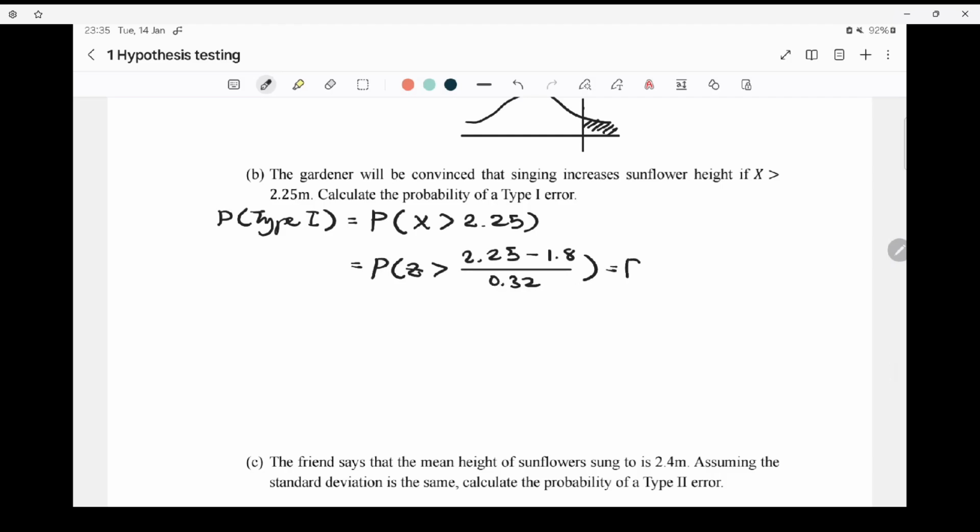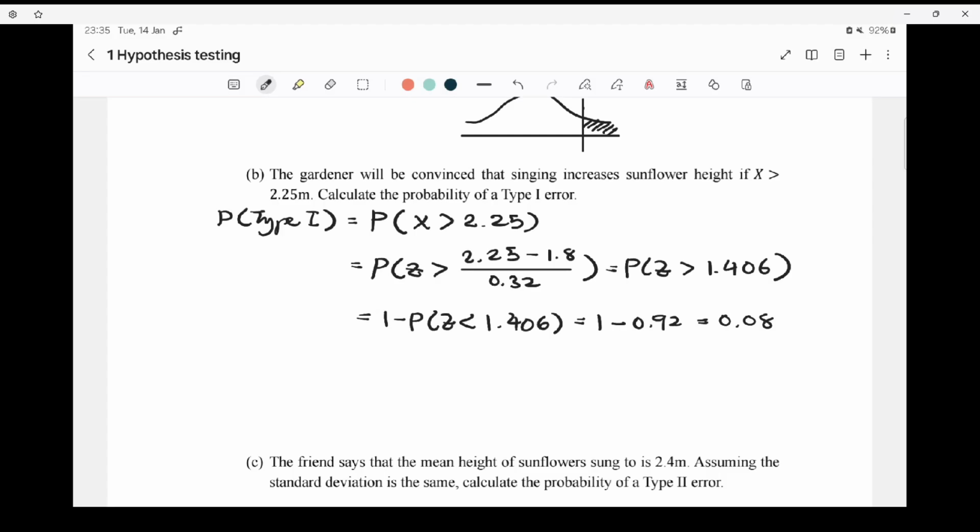So this is P(Z greater than 1.406), or 1 minus P(Z smaller than 1.406). You can calculate this one out. Find from the table, you get 0.08. So that will be your probability of type 1 error.